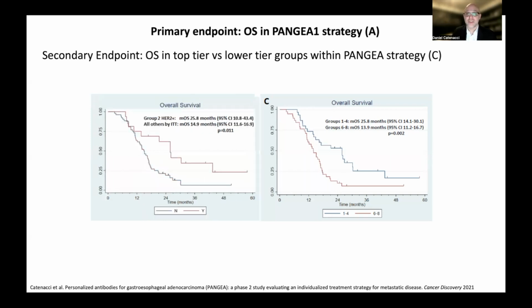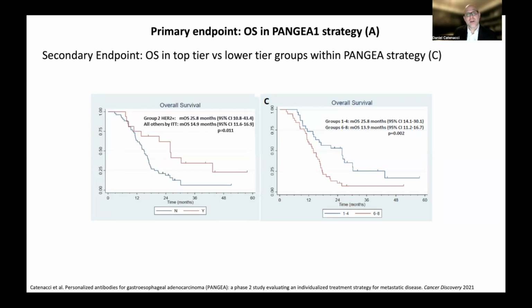In addition to that, we wanted to look at the HER2 group specifically because, of course, chemotherapy plus trastuzumab was already a standard when we ran this study. The median survival there was around 14 to 15 months in phase 3 studies for first-line anti-HER2 therapy.